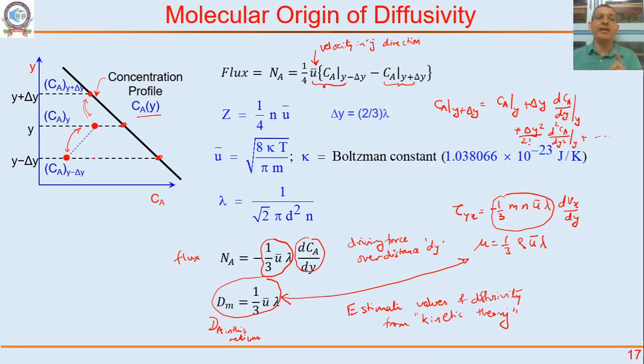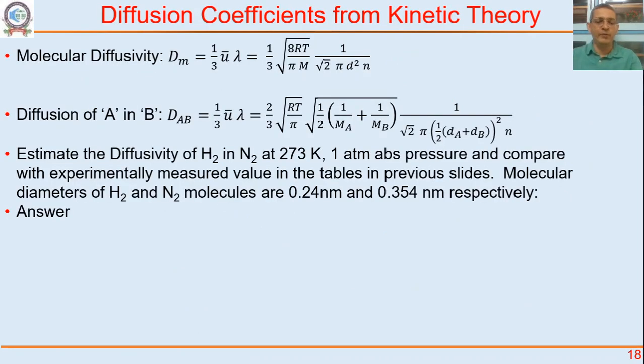Obviously it is not a reality, because molecules don't have a point mass. Molecules have a finite size, and therefore it does not predict the values accurately, but at least it tells us the logic, the rationale behind the diffusivity of substances. Let's quickly try to estimate the value of diffusivity using the kinetic theory of gases.